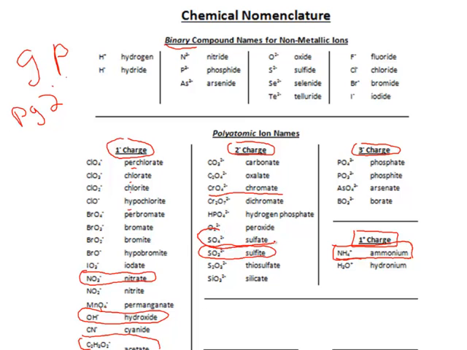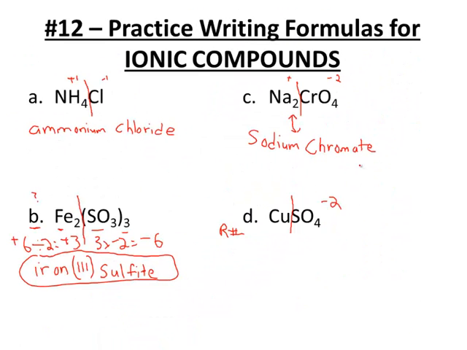If it has a -2 charge on this side, our side over here needs to be a +2. We have 1 copper listed, so it's got to be a +2 in order for us to balance out. So in the end we would have copper 2 sulfate.